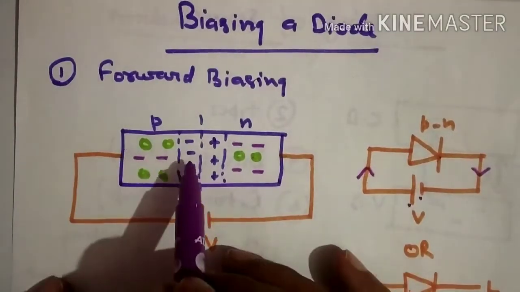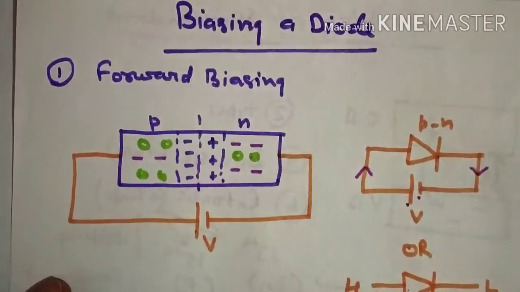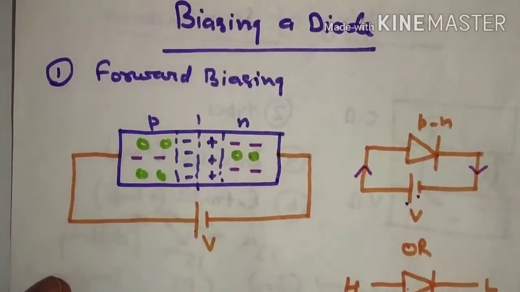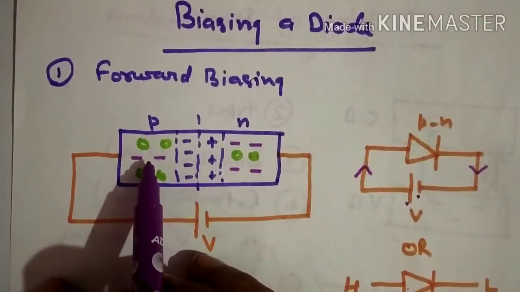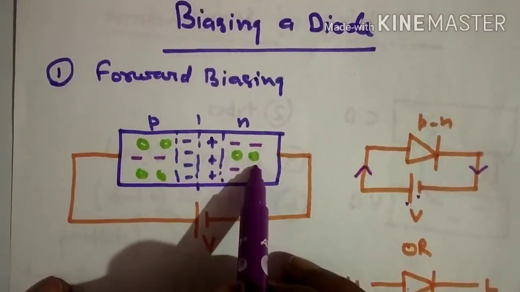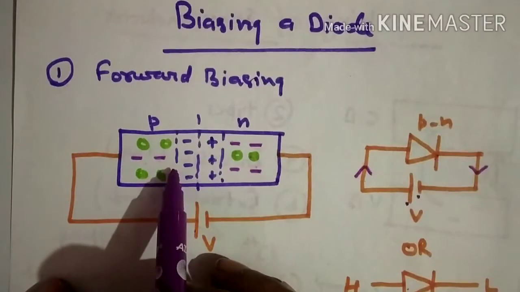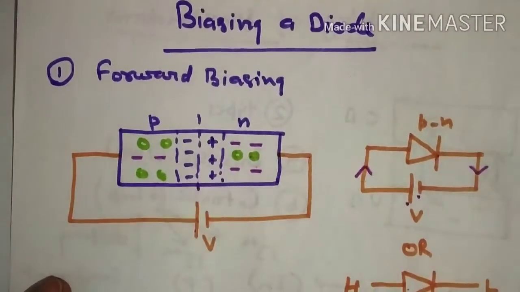So this is very much particular. You should learn that depletion layer has no charge. All the current carriers are found in the P region and in the N region away from the depletion layer.